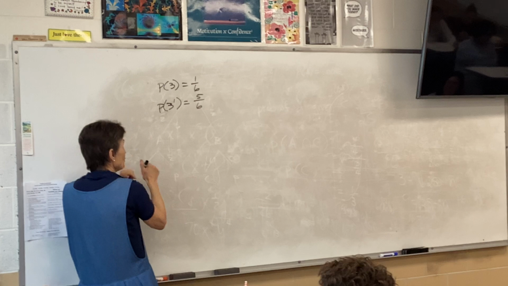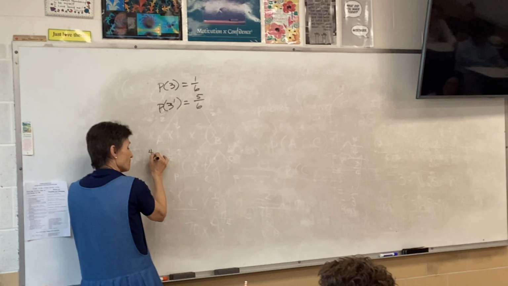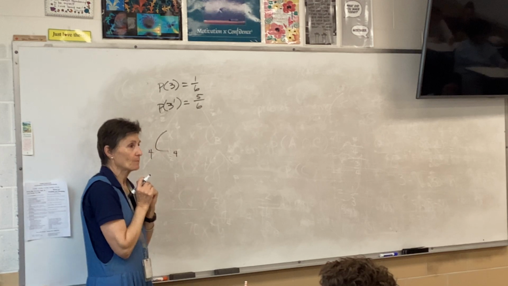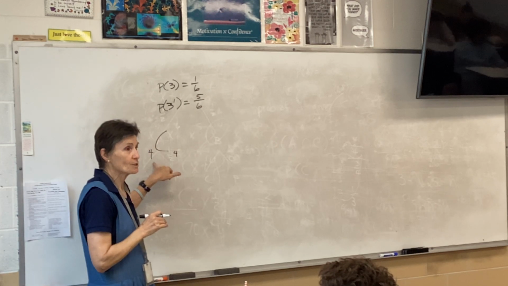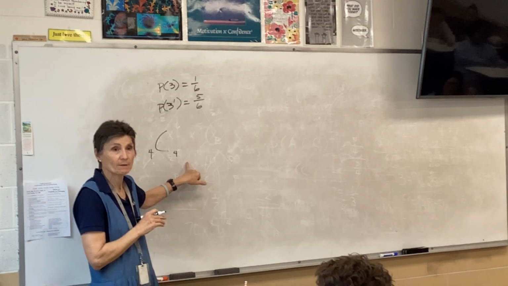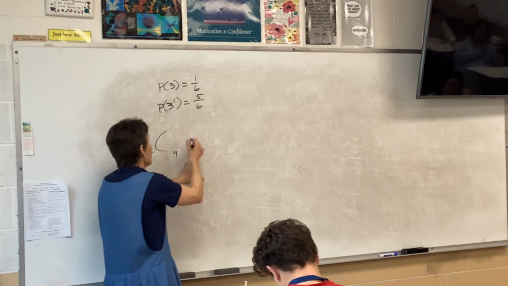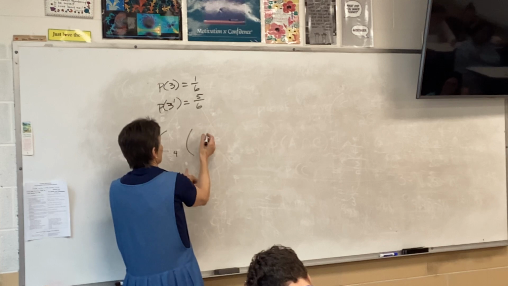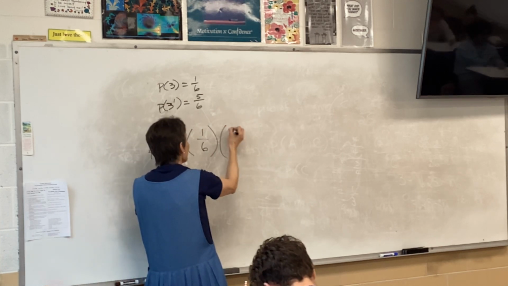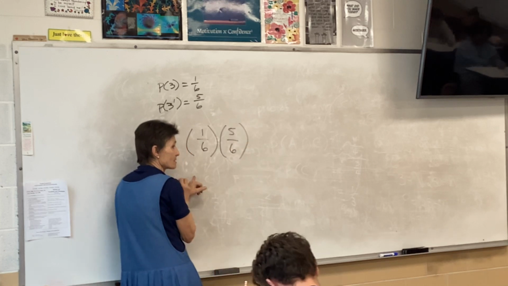So what I'm going to do is say, okay, I have 4 rolls, and all 4 of them are going to be 3s. So of my 4 rolls, I'm going to pick 4 to be 3s. All 4 are going to be 3s. The probability of a 3 is 1/6. The probability of not a 3 is 5/6.